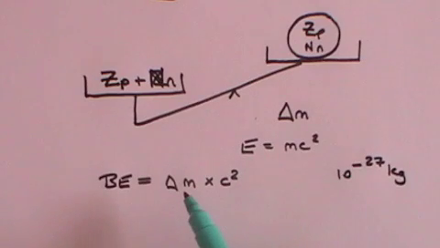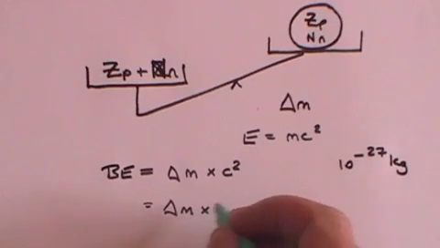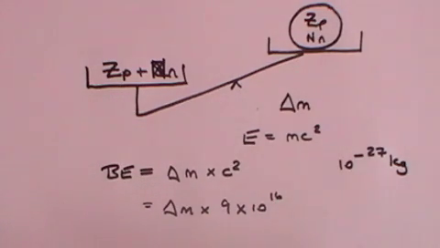And this mass difference will be much smaller than that. So we are talking tiny, tiny amounts of mass. But look, that tiny amount of mass is multiplied by c squared. c squared is 9 times 10 to the 16. So that's almost 10 to the 17th, you're already converting that, and that will be in joules.